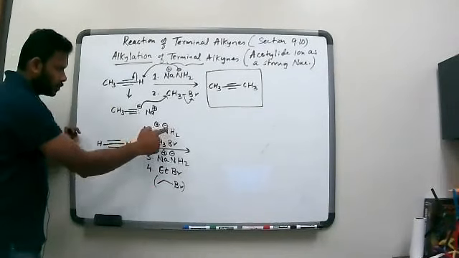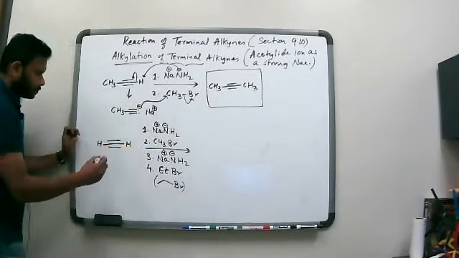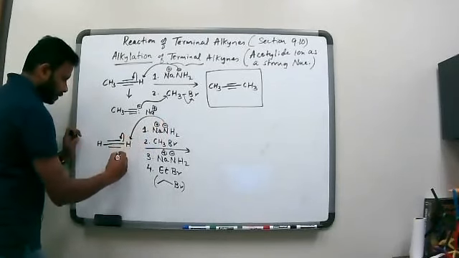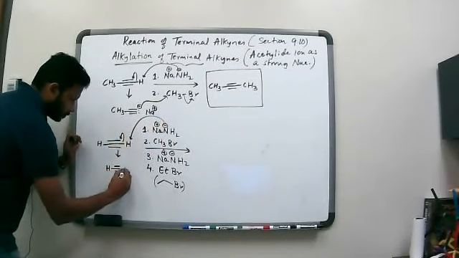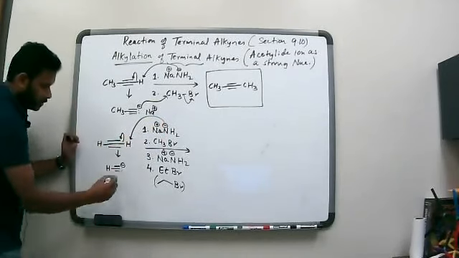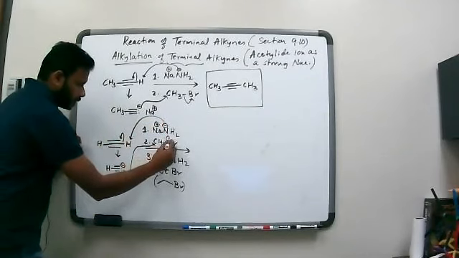So when we do the sodium amide step, after the first step, this deprotonates and gives us an acetylide ion. Now this acetylide ion can attack the methyl group and kick out the bromine.